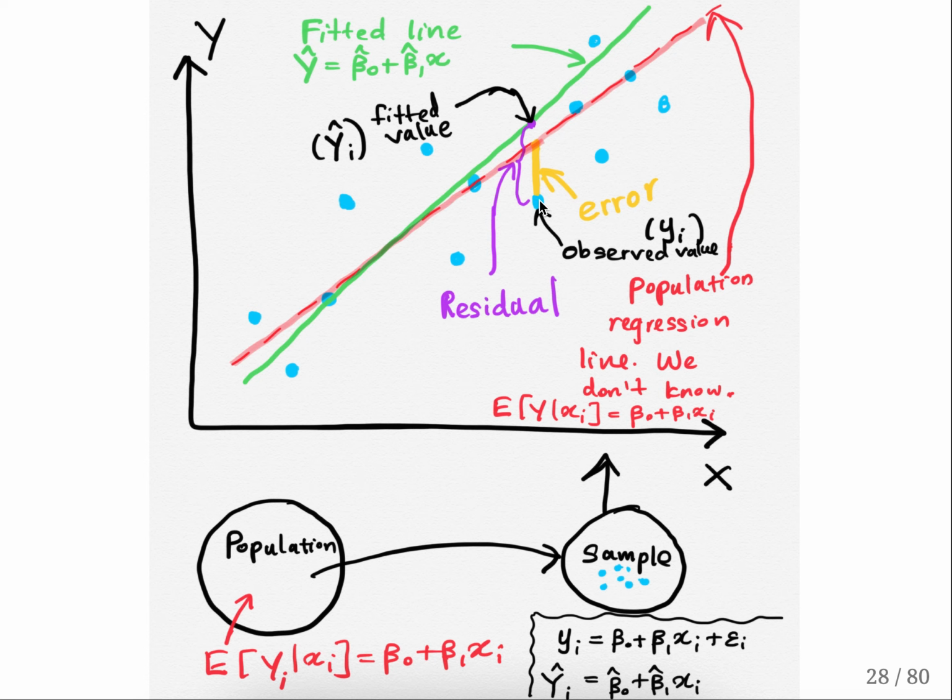This distinction is important. Errors are unobservable, but residuals are observable. In other words, the error term is a theoretical concept that can never be observed. But the residual is an observed value calculated based on the observed data and the fitted regression model.